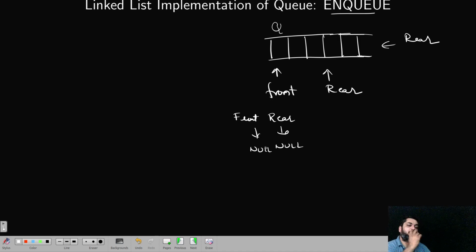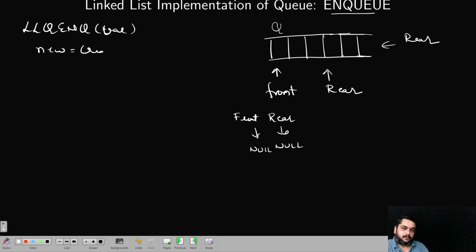Okay, now let us write the function enqueue, the linked list enqueue operation. I'll pass the value to be inserted. First create a node. Let us say new is the node. Create the node with the value you have passed. Next, first you have to check whether rear is null or not.